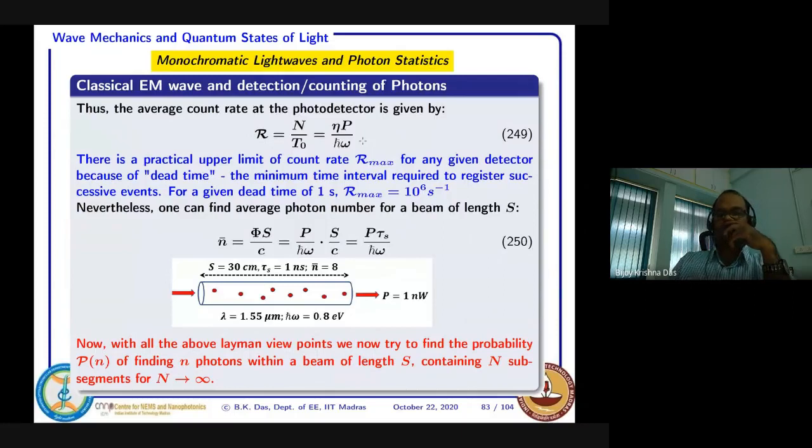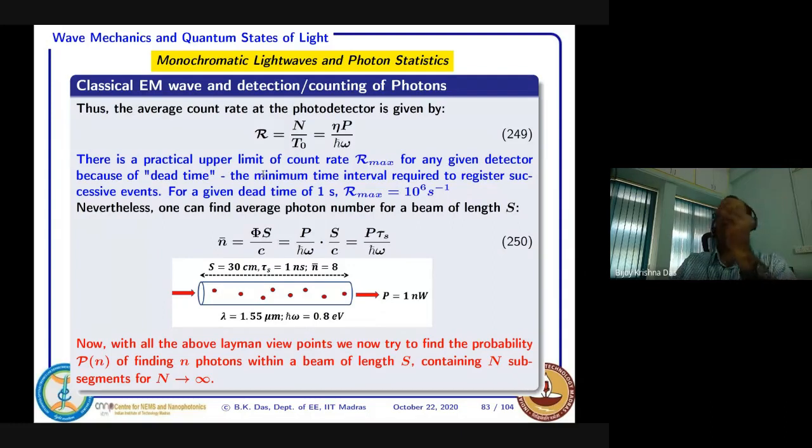Okay. Now for any photodetector, you know, a photodetector also has other limitations. If one photon comes, an electron-hole pair will be generated, and immediately another photon comes, for example.